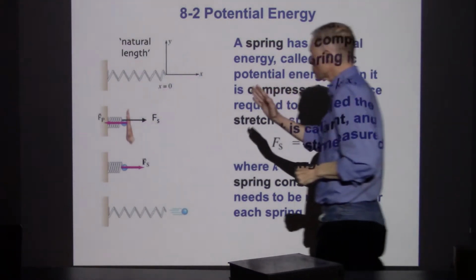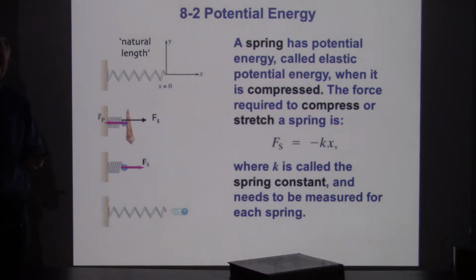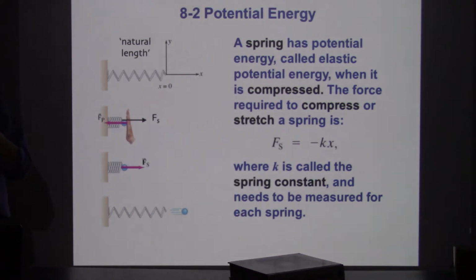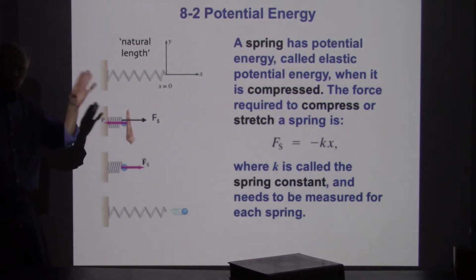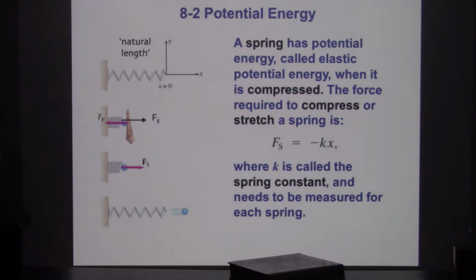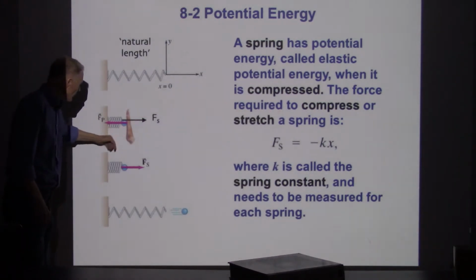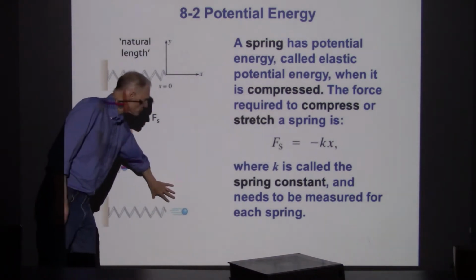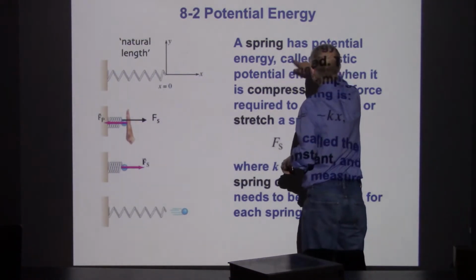When we compress a spring, the atom and molecule configuration is shifted a little bit, and what the spring would like to do is expand back out. The forces built into it are tending to push the spring back out to its natural length, but we're holding all the atoms and molecules that make up the spring in place. Now when we let go, the spring is able to exert a force on this projectile, and the projectile gets shot back out.